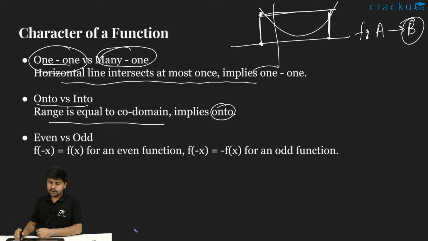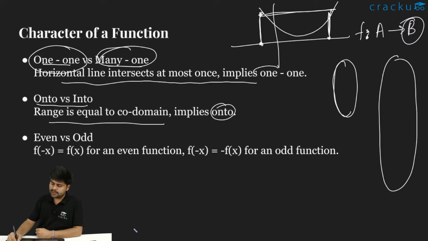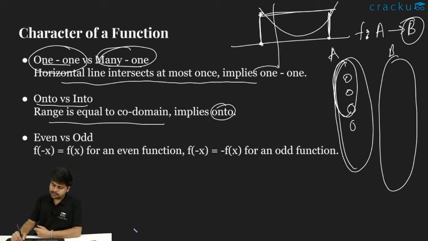So I told you that, say, consider this is the set A, this is the set B, and let me enlarge this, right? There are many elements here, there are many elements here. So if each has a different sort of value, say this.